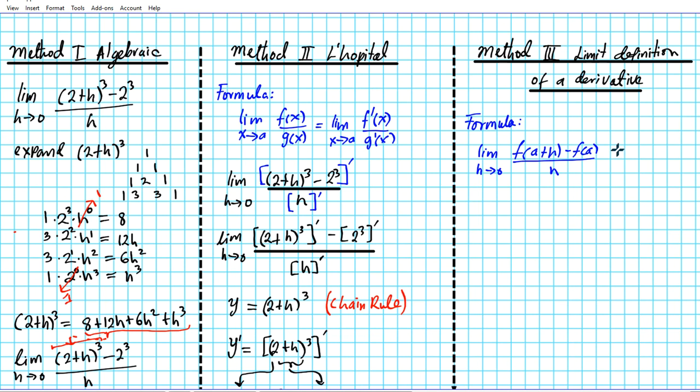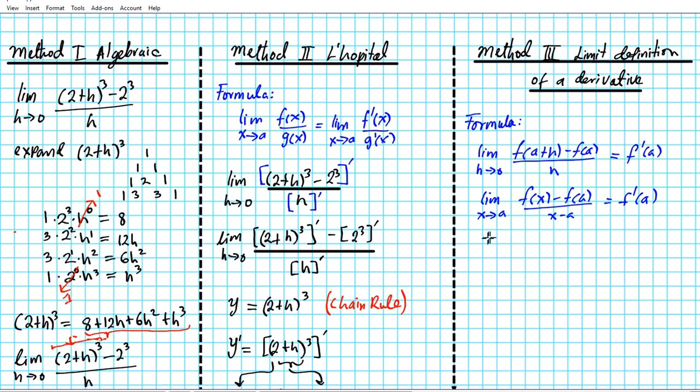Now this right here is simply the derivative of the function f evaluated at a. Or if you have the limit as x approaches a of f of x minus f of a, divided by x minus a, this is also f prime of a. So there are two limit definitions of a derivative.